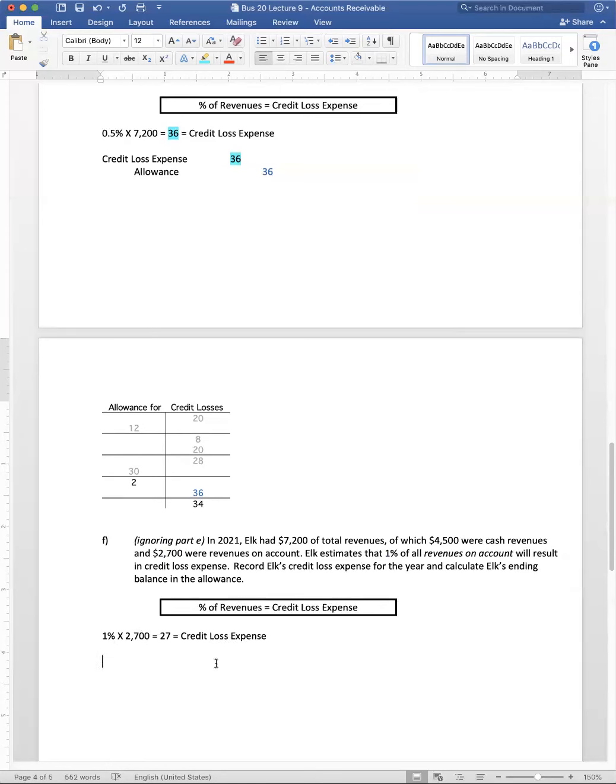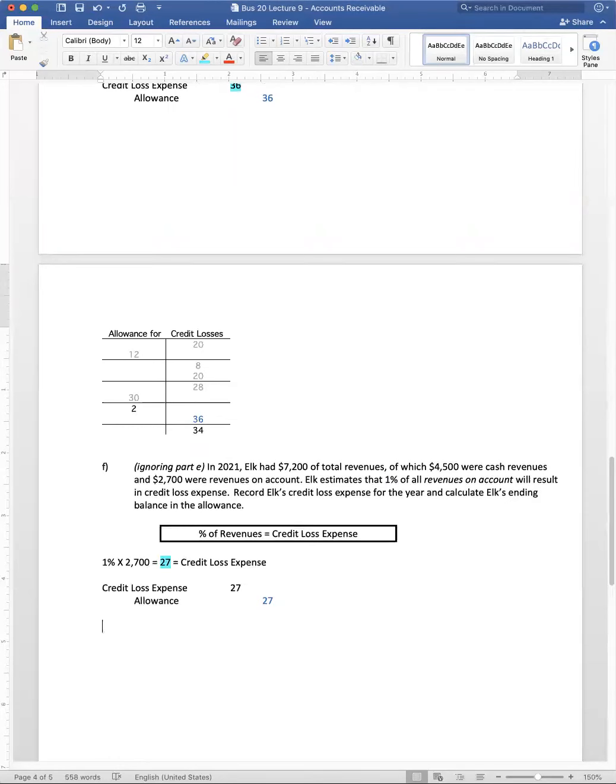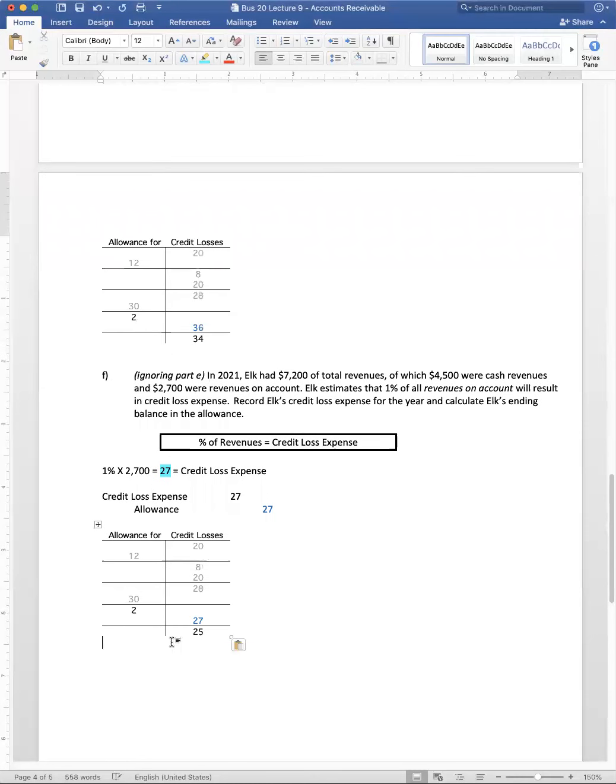All right, so we're going to take that $27 and record it in a journal entry. We're going to debit the credit loss expense for $27, and then the credit goes to the allowance. So in the T account, previously we had determined that there was a $2 left over at the end of the year, and now we're learning that we're crediting the allowance for $27.